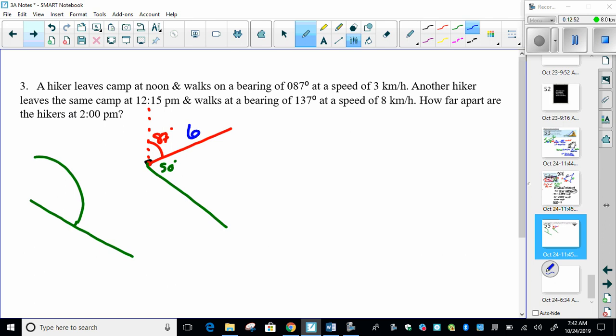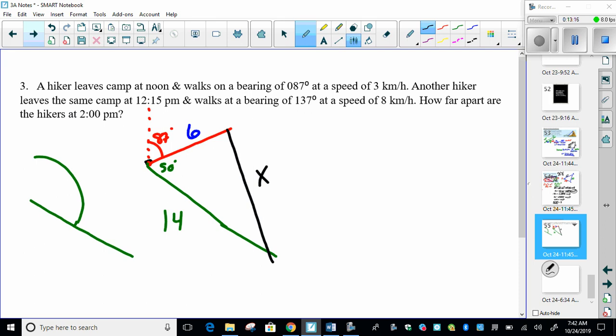And then the other guy, he's walking for an hour and 45 minutes, which is 1.75. And he's going at a speed of 8 kilometers per hour. So 1.75 times 8, that's a little bit longer. That is 14. And we want to know how far apart they are at that time.